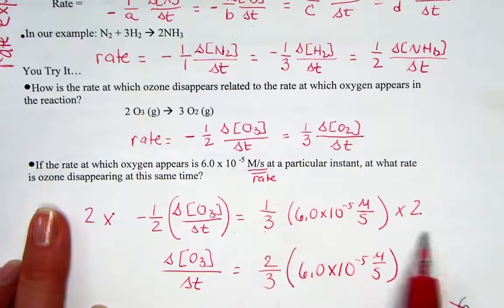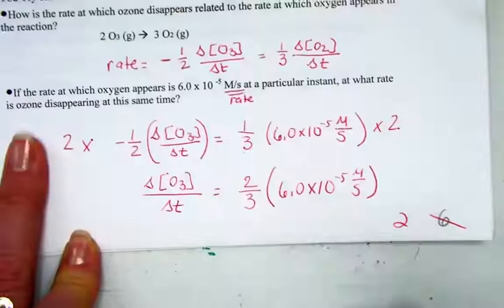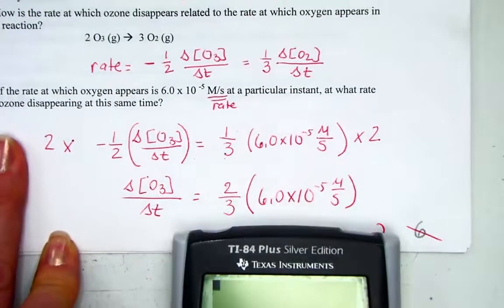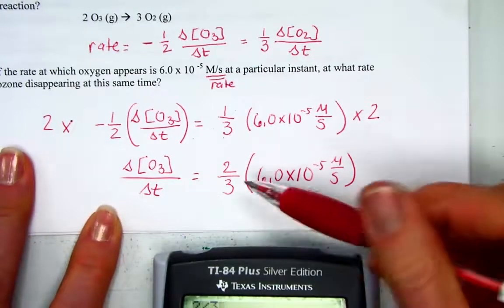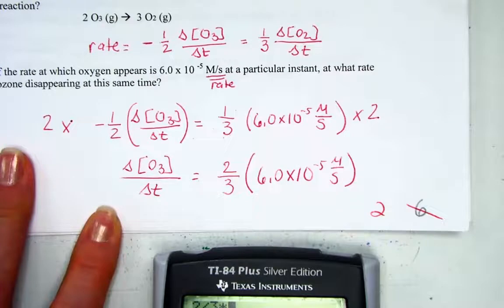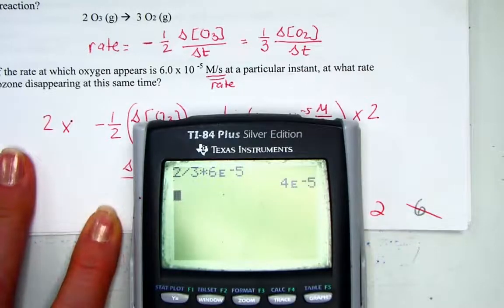I certainly can just hit that all out on my calculator. We'll get the same answer. So please grab your calculator and hit with me. I'll hit 2 divided by 3, 2/3 of 6 times 10 to the negative 5th, and I find 4 times 10 to the negative 5th.